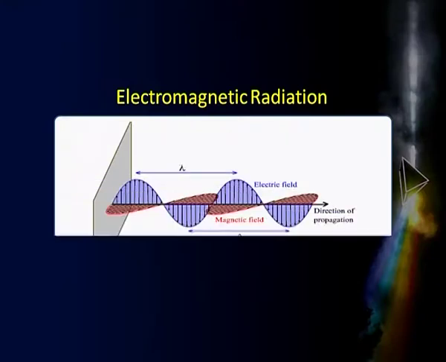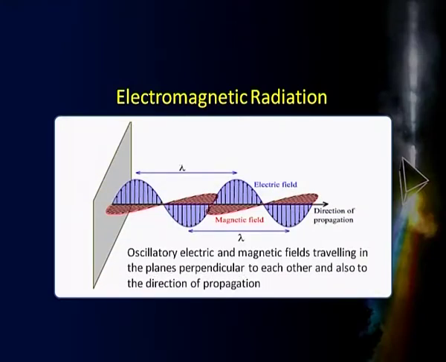There is an electrical component which is a sinusoidal wave moving in the direction of propagation, but oscillating perpendicular to the direction of propagation, and then there is a magnetic component. The blue component here is the electrical vector moving in a sinusoidal way, and the red one depicts the corresponding magnetic component. So, it is an electromagnetic disturbance in space.